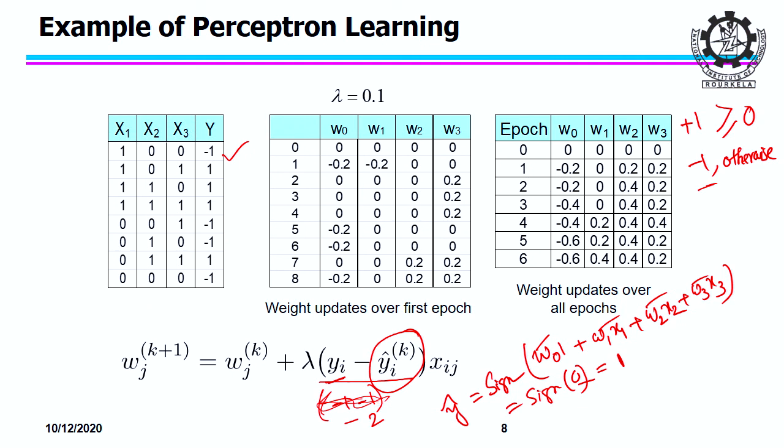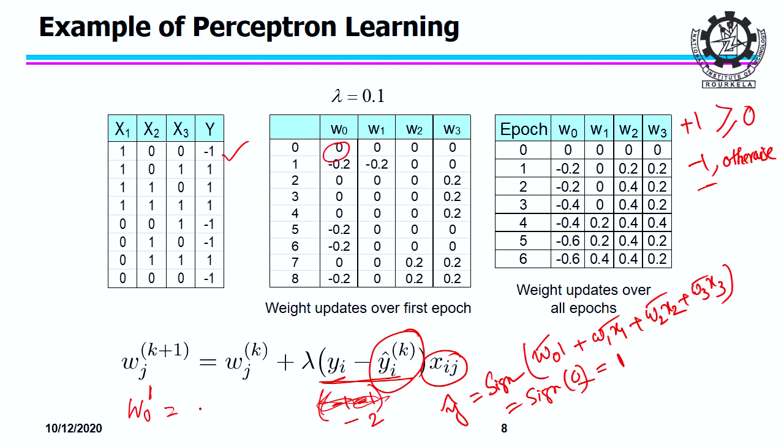Now, what will happen? This value is minus 2 and then what is this value? This value is x i j. Now, we have to see for which weight we want to update. Let us say W 0. W 0 is responsible for the bias. So, this is W 0 for the first iteration. What is the value of W 0?